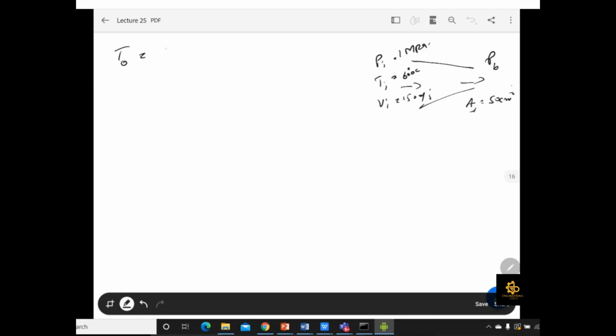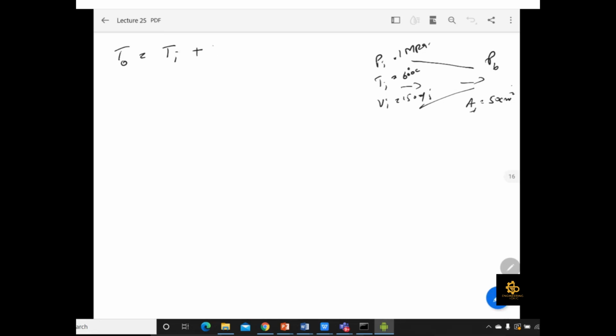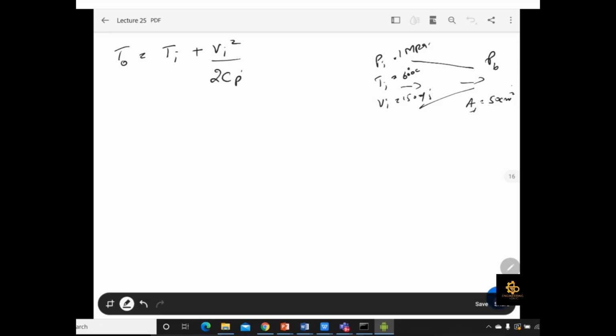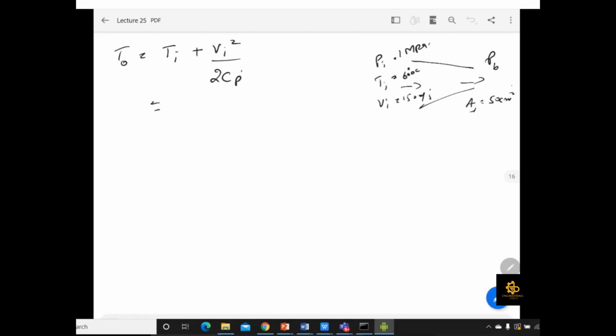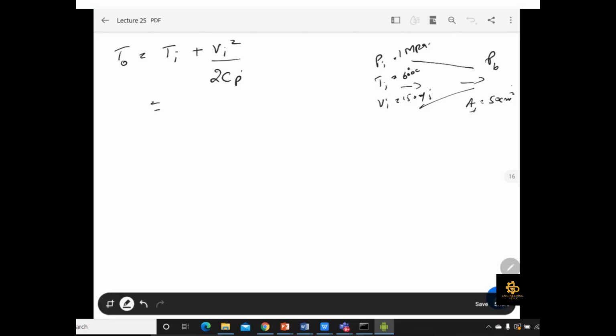So here T naught equals Ti plus Vi square divided by 2 Cp. We have the value of Ti, Vi is the inlet velocity, and 2 Cp. Simply plug in the values and you will get the stagnation temperature.